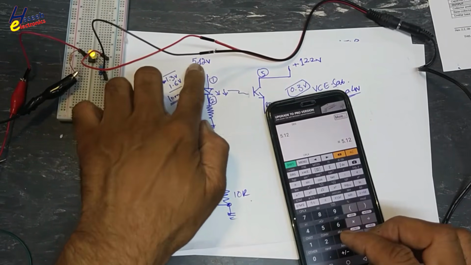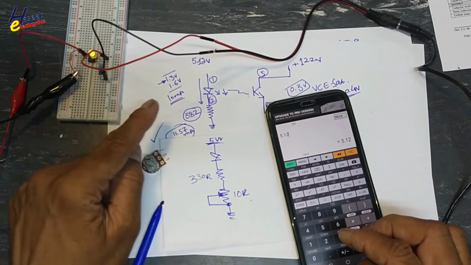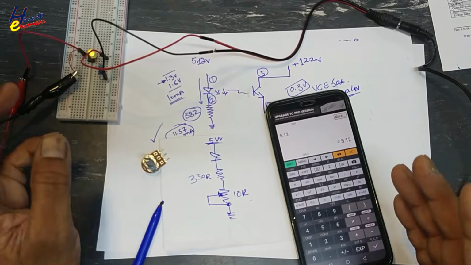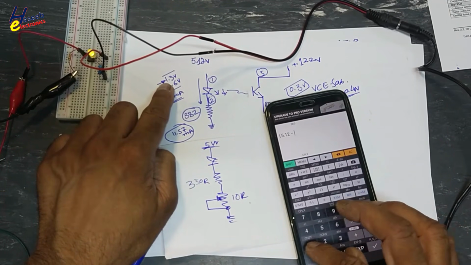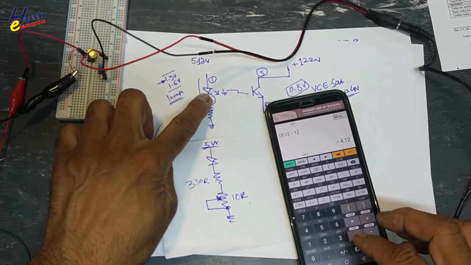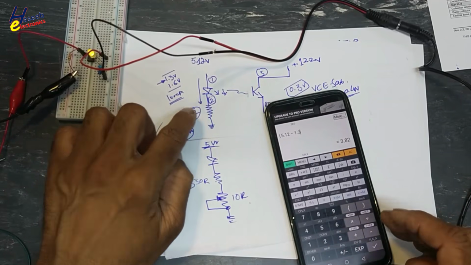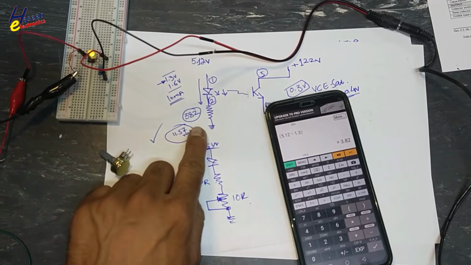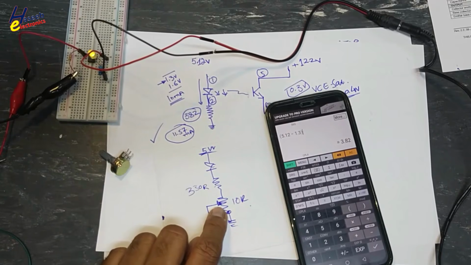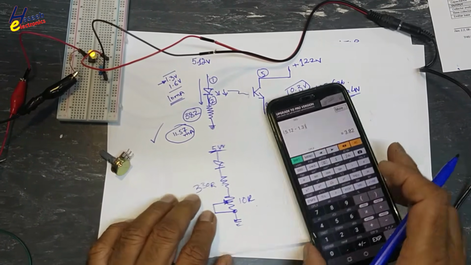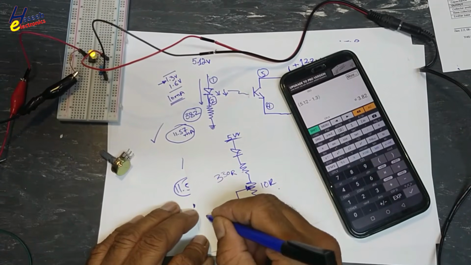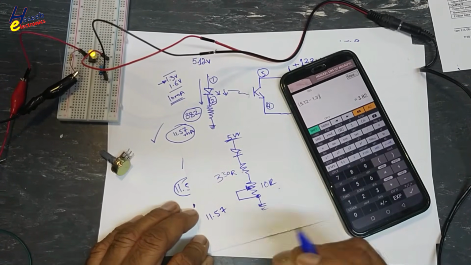5.12 volt, we will consider the same voltage. Practically voltage are 5.15, no problem. 5.12 minus 1.3 volt for LED, IRED. Now if resistor will remain same, if we will adjust this potentiometer to 0 ohm resistor, that time the maximum current will be 11.57.